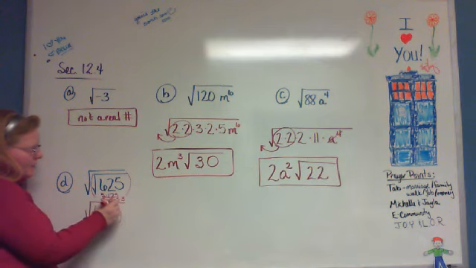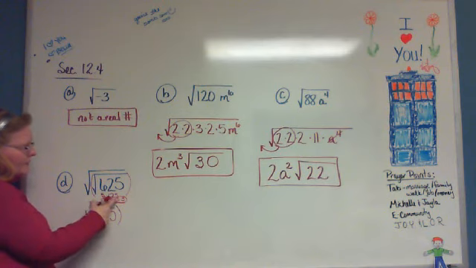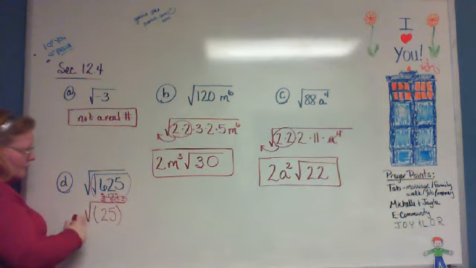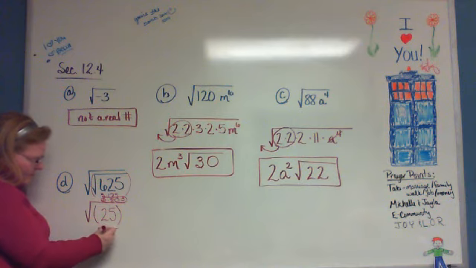And those two will come out, and those two will come out, leaving me with 5 times 5, which is 25. But there's still this bigger square root on the 25. So what's the square root of 25? It's just 5.